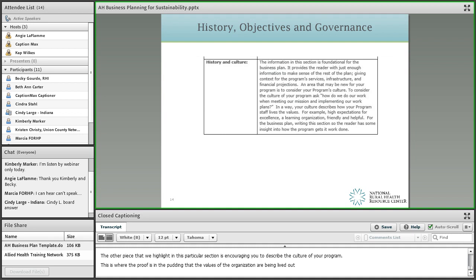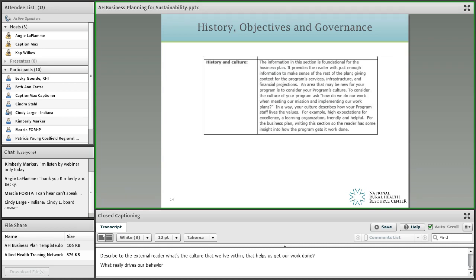The value statements are the principles and beliefs of your program. And you might not have identified these yet through your strategic planning effort, but I would encourage you to spend some time thinking about this, because the values often articulate the shared beliefs of the organization, and it's how the people in your organization behave.